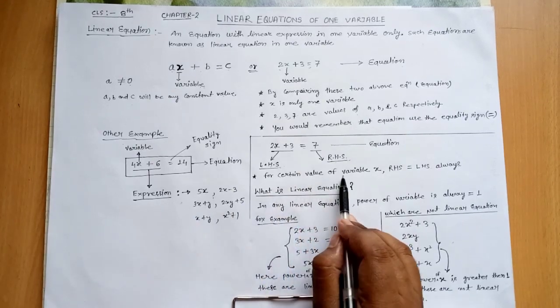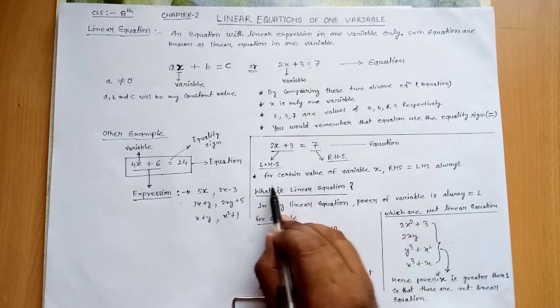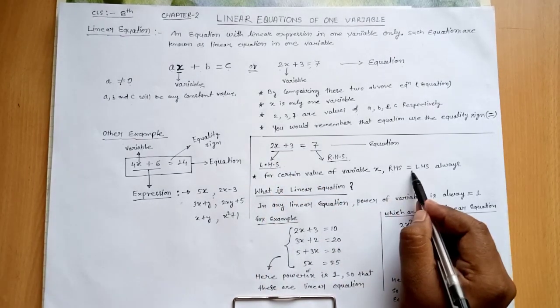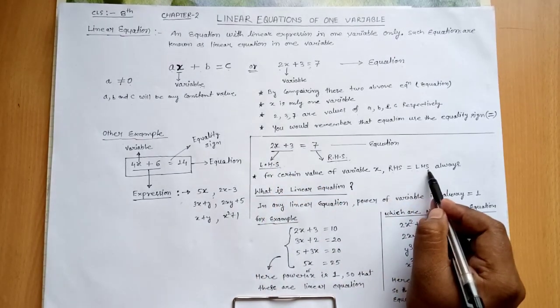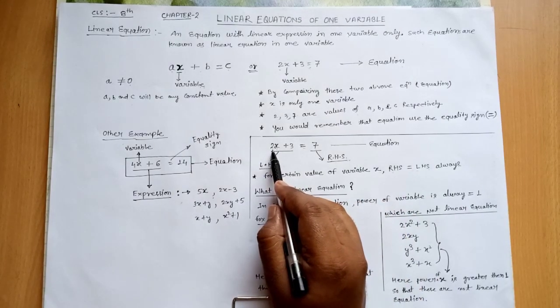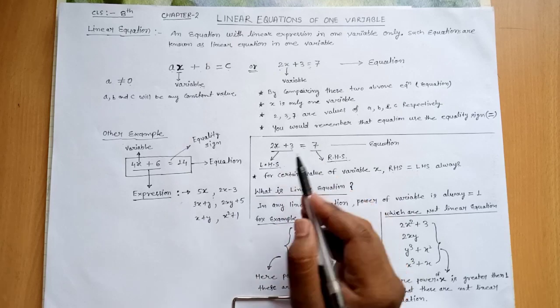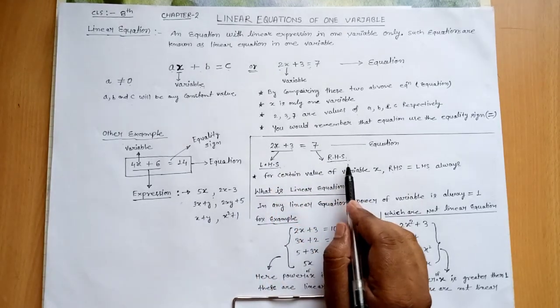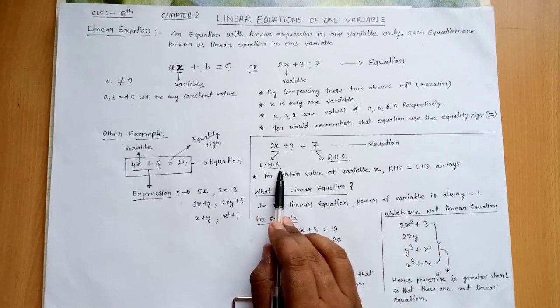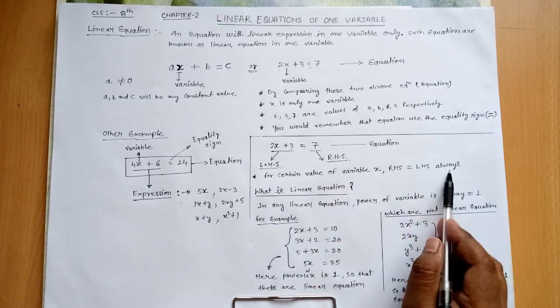For a certain value of x, the right hand side always equals the left hand side. If I put 2 here, you will get 2 into 2, 4 plus 3 is equal to 7. That means left hand side equals right hand side. Getting my point?